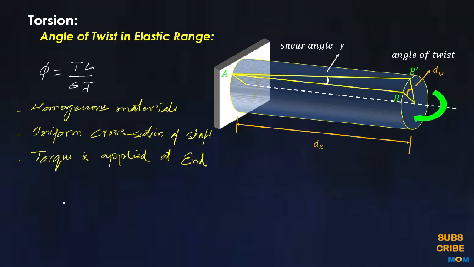Now for the case where the shaft is not uniform, the cross section is varying, the shaft is made up of more than one material, and the load or the torque is applied in between the ends of the shaft, for that case we are going to use this expression as phi is equal to summation of Ti Li upon Gi Ji.